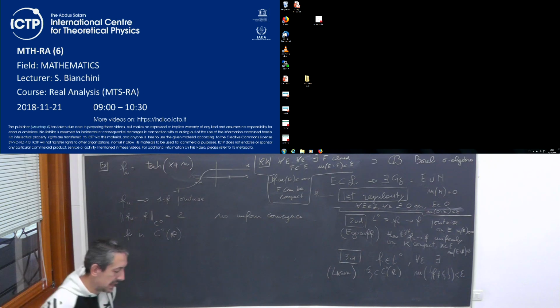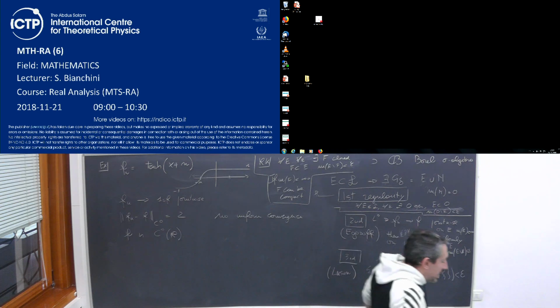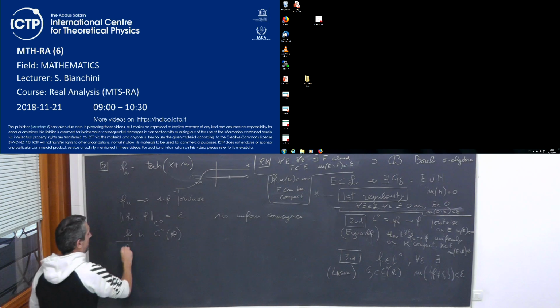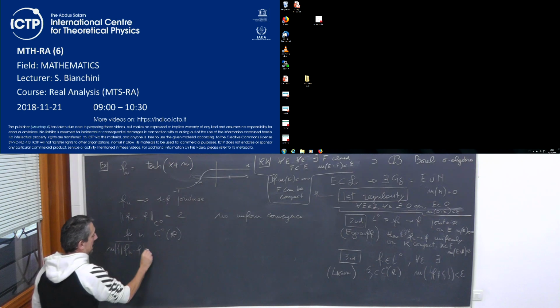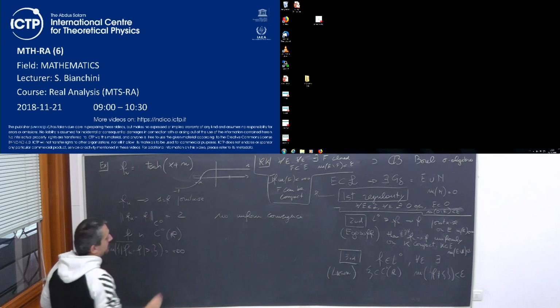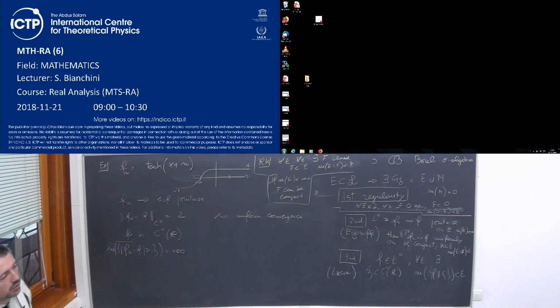So now you see that essentially you can have functions converging pointwise whose limit is continuous, but you don't have uniform convergence on a large set, no? Because actually fn minus f, when this guy is less than 1, there is no way to remove everything.